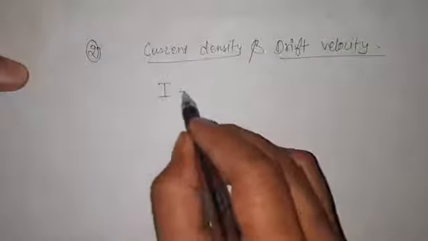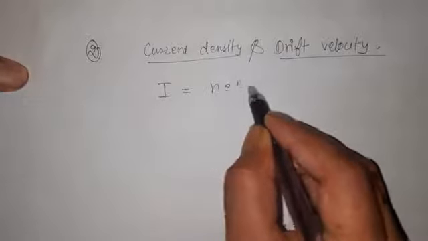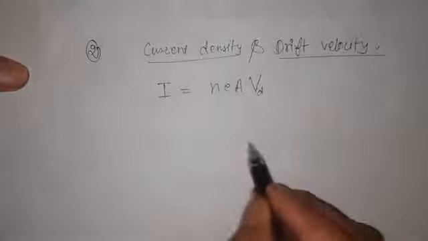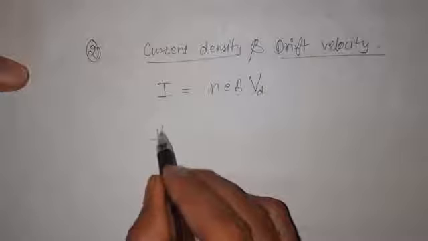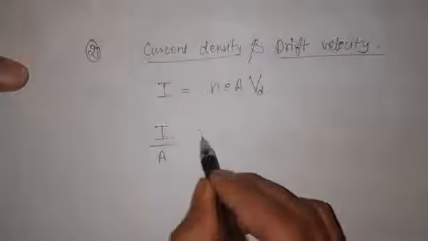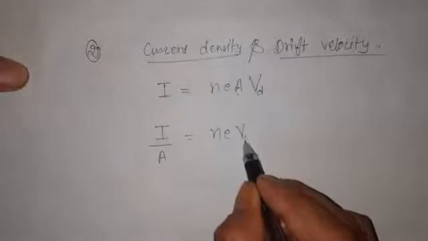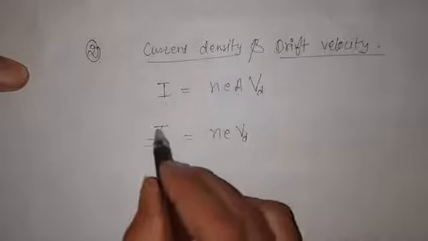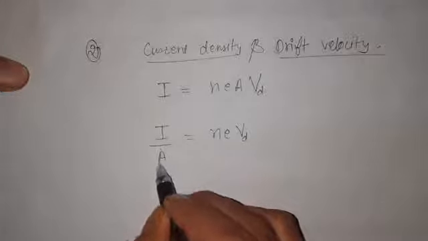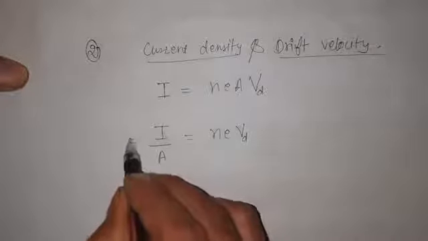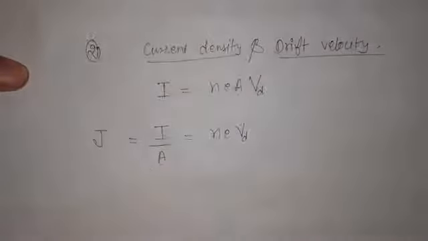So as I is equal to NEAVD, A is area. If I will take this to the left side, then it will be I by A, which is NEVD. Okay, and this is what? It is current passing through unit area, and that it was current density J.